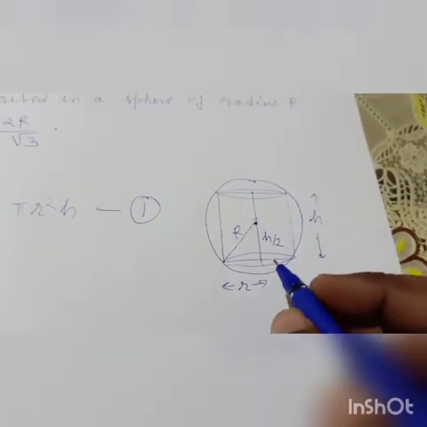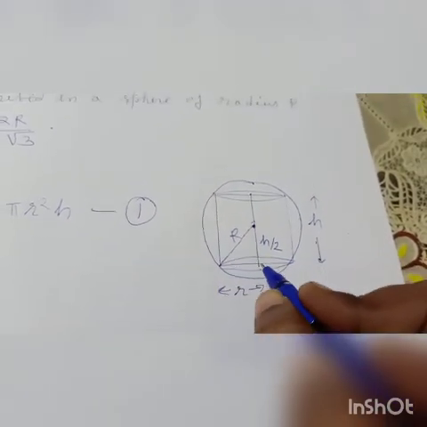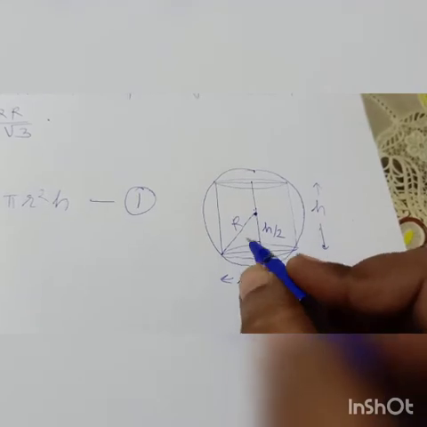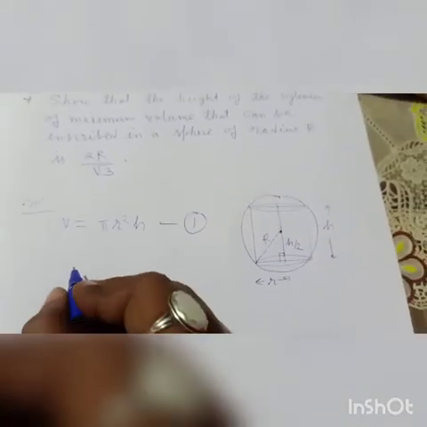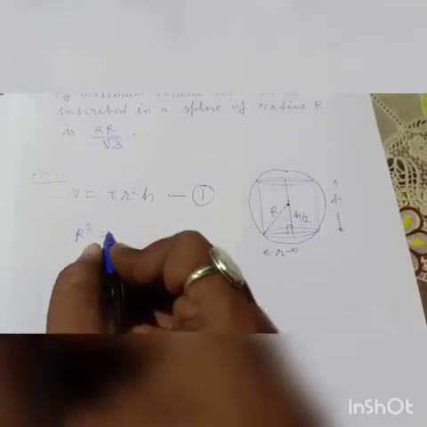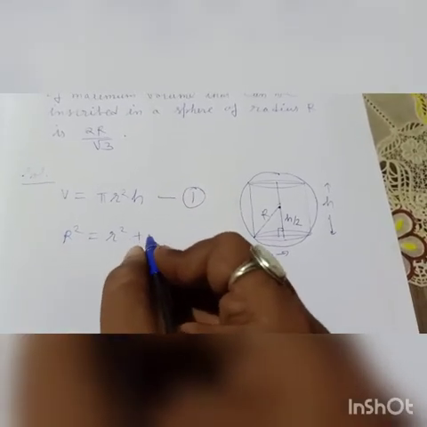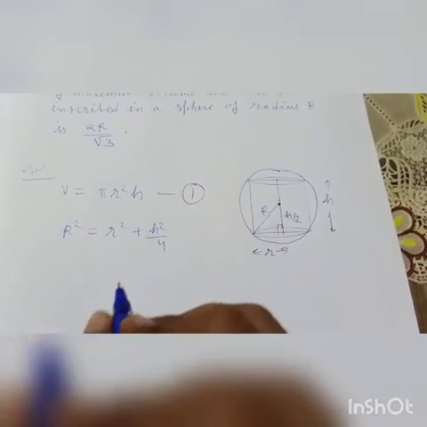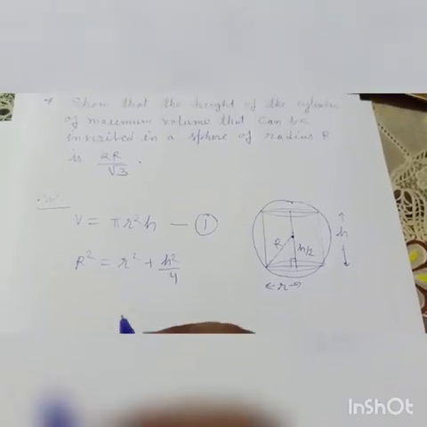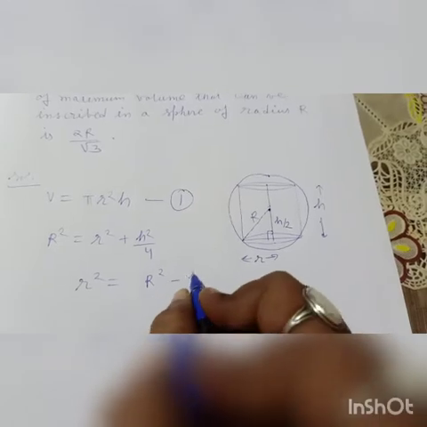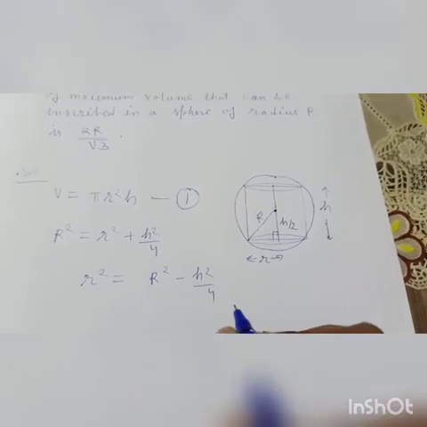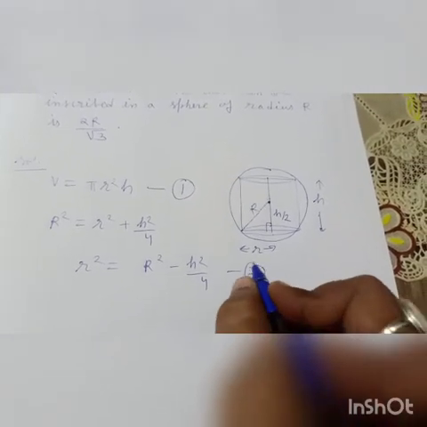So first thing you notice is that this is a right angle triangle. This is the right angle. We can use Pythagoras theorem. So what we will get: capital R square equal to small r square plus h square by 4. So from here you can get the value of r square equal to capital R square minus h square by 4. This is our second relation.